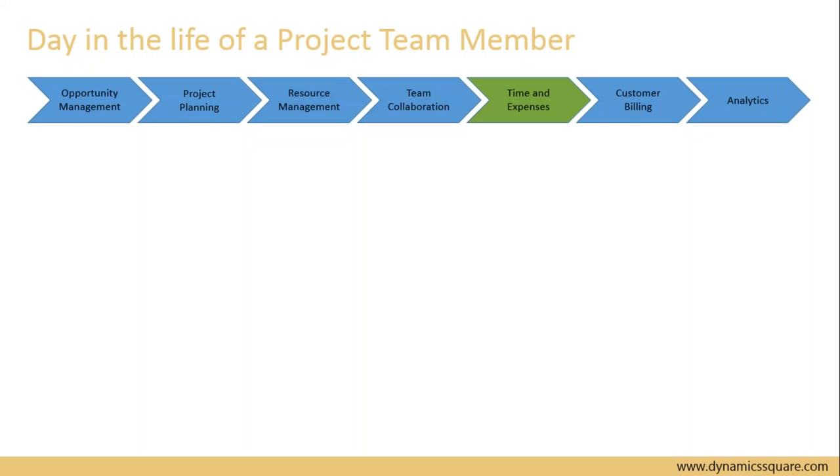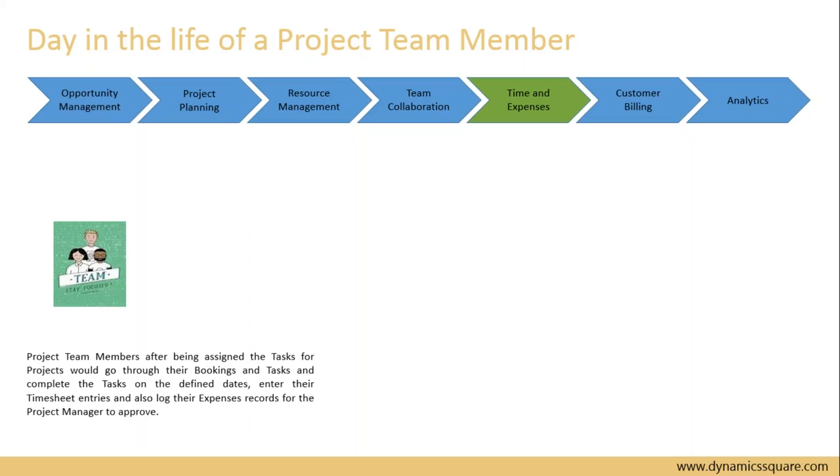So the project team members are able to track all the tasks that have been assigned to them through project service automation. They are not only able to keep track, but are also able to define the status and completion percentage of the tasks, which I will show you in the demonstration. This enables the project manager to keep track of the tasks and, if required, enable his project team members in case of any aberrations identified in the project.